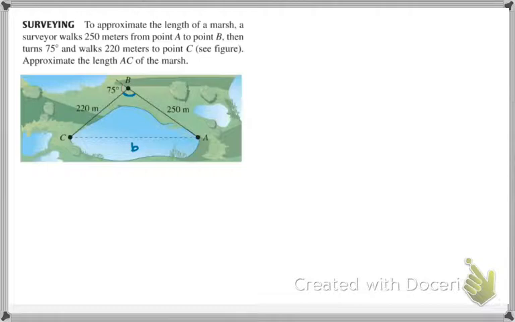So we can do 180 minus 75, which will give me the measure of this angle right here as 105 degrees. And that's all the information that we have. So looking at the information, I can't figure out any of the other two angles because I only know one, and so I don't have a match set. Okay, so in this case, we're going to have to use law of cosines.